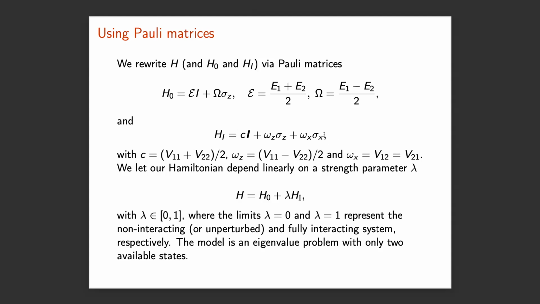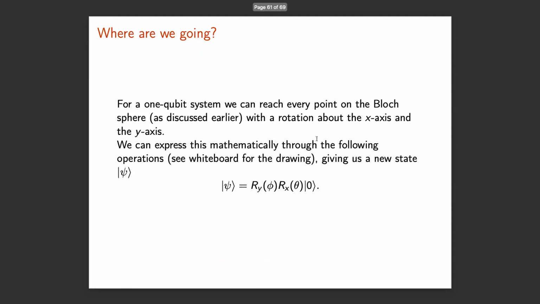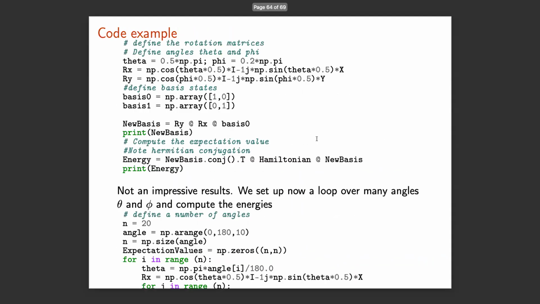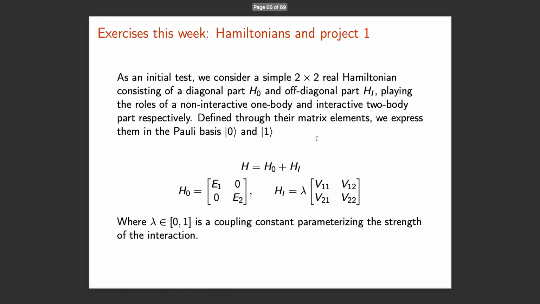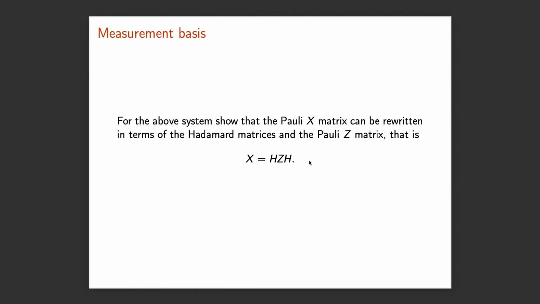So what we would typically do then is to rewrite the Pauli X matrix in terms of a Pauli Z matrix. And we're going back to the program here, but one of the things we can do, and this is one of the things I want you to show in the exercises today, is that you can rewrite the Pauli X matrix in terms of a Hadamard matrix times a Pauli Z matrix.